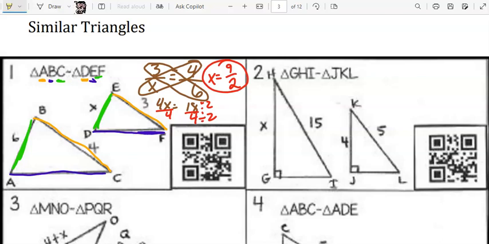Let's look at number 2. Triangle GHI is similar to triangle JKL. Let's label these.